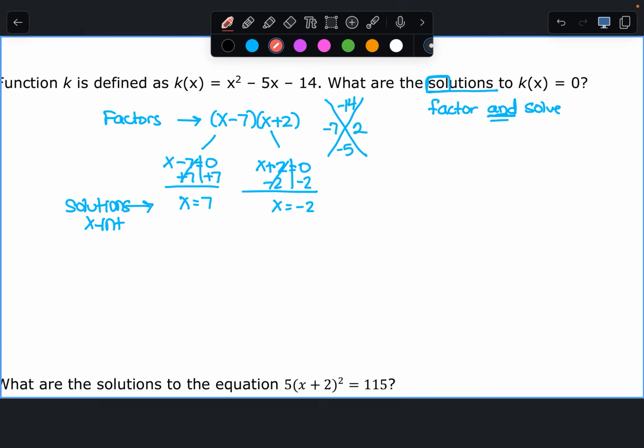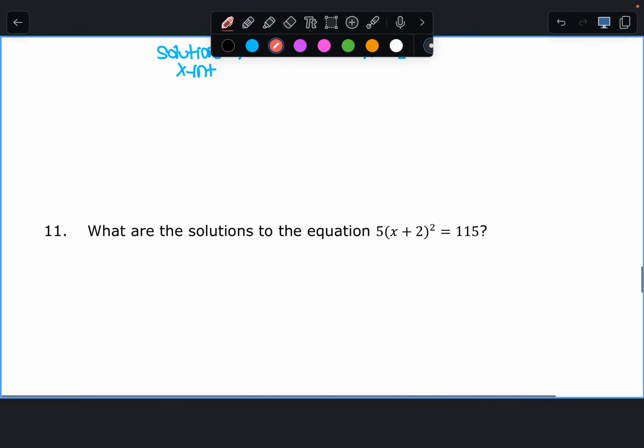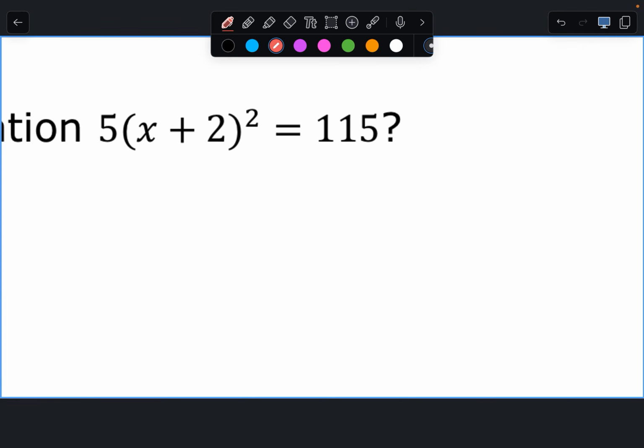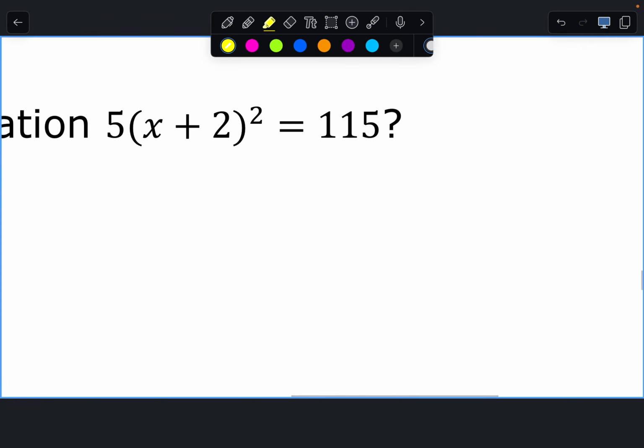Questions on this one? All right. Number 11, put a star next to it. This is the square root method, but there's one very small difference that I did not put into your assignment or notes, which I need to. There's a coefficient.